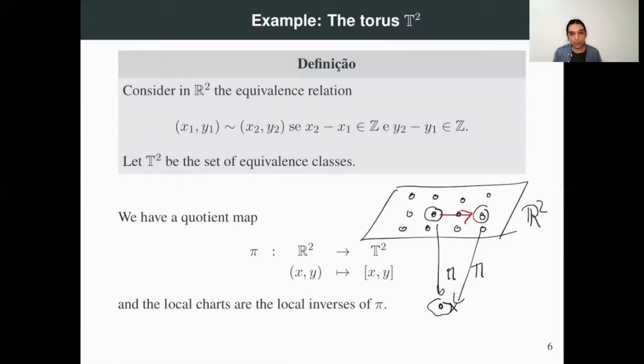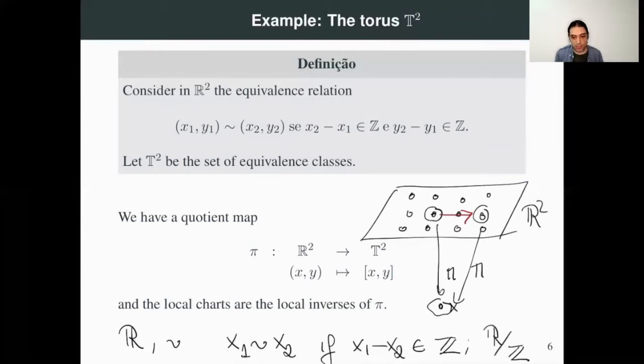You can do this also if you just consider R. We can consider R and define an equivalence relation: x1 is in the same class as x2 if x1 minus x2 belongs to C. And we call R over C the set of equivalence classes, and by an analogous argument, such a set is a real analytic manifold of dimension 1, whereas the torus is a real analytic manifold of dimension 2.